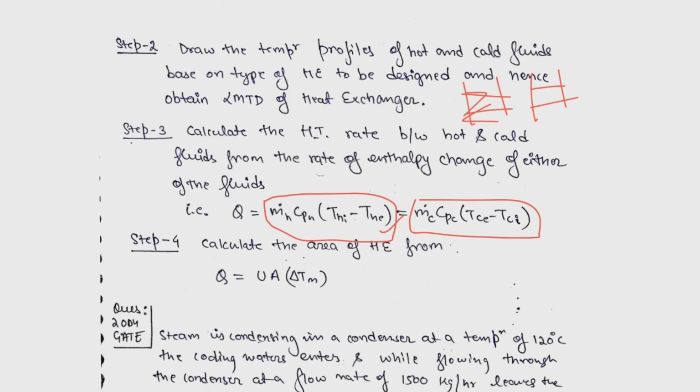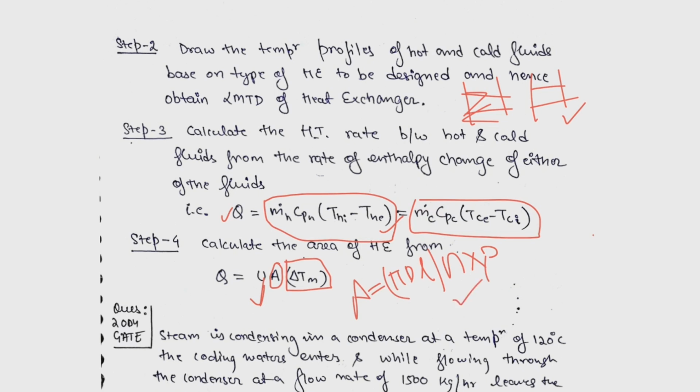Since we have already calculated delta Tm after drawing this diagram, and we know the value of Q from these equations, we can find the area since U is already given in the question. Now after finding out the area, just write area is equal to pi d L into n, that is number of tubes, into number of passes. From this you can find anything you want.